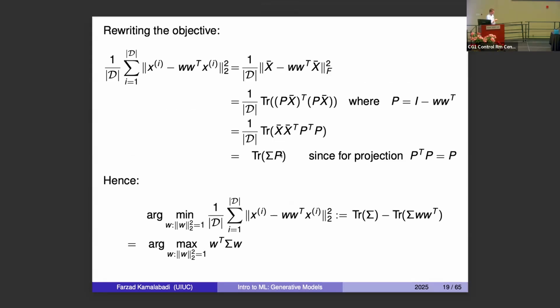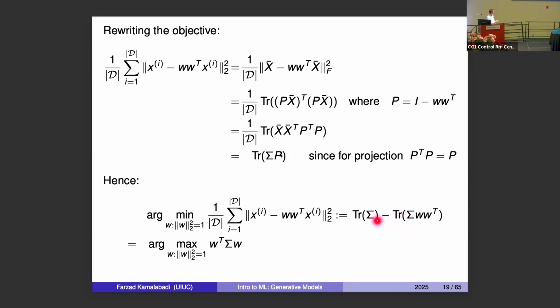And with some algebra, and I will not go through it line by line, we rewrite the objective. This is what we started with, and we expand this expression and define some auxiliary variables. We end up showing that this corresponds to the trace of the covariance matrix times the matrix of identity minus W W transpose. If you expand this, you end up with the difference of two traces, okay?